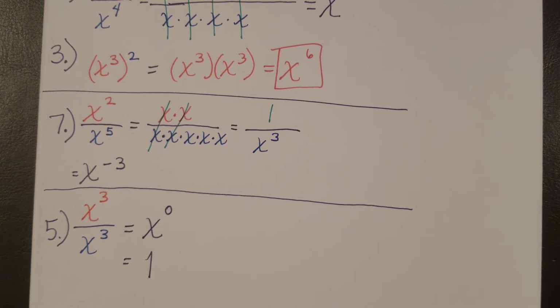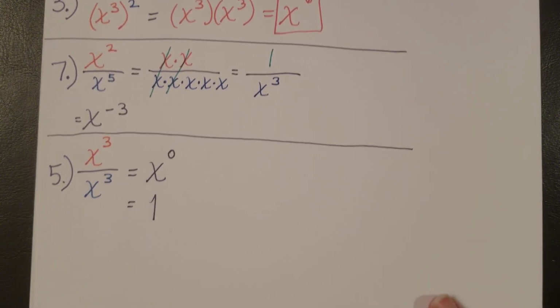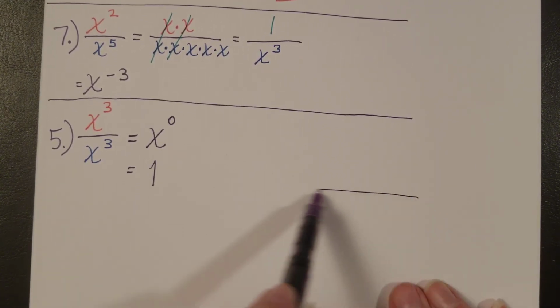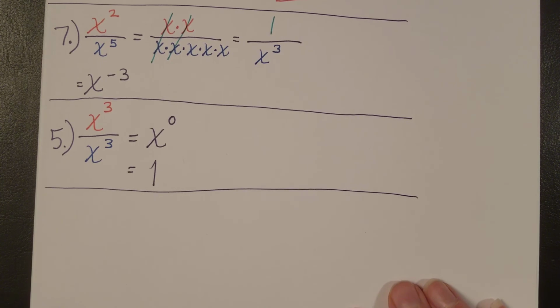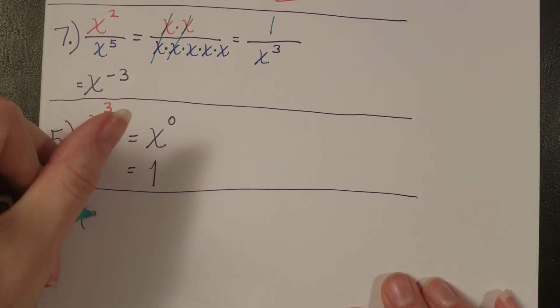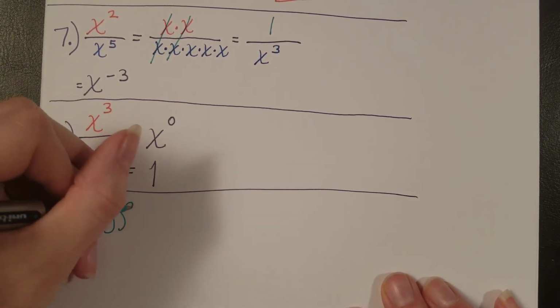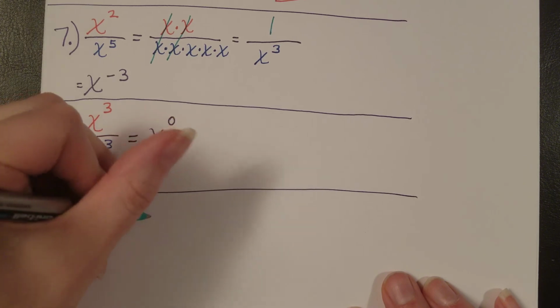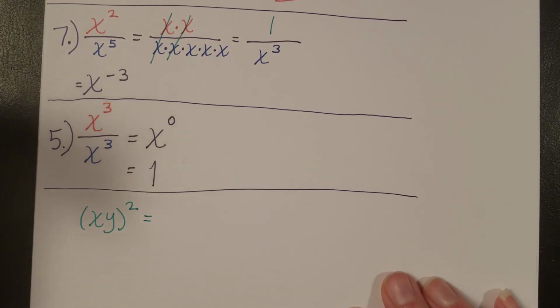Let's see. And then I guess let's talk about rules number 4 and 6. Like I said, those kind of go together. So for that, let's say we have xy squared. Well, when you square something, you multiply it times itself.